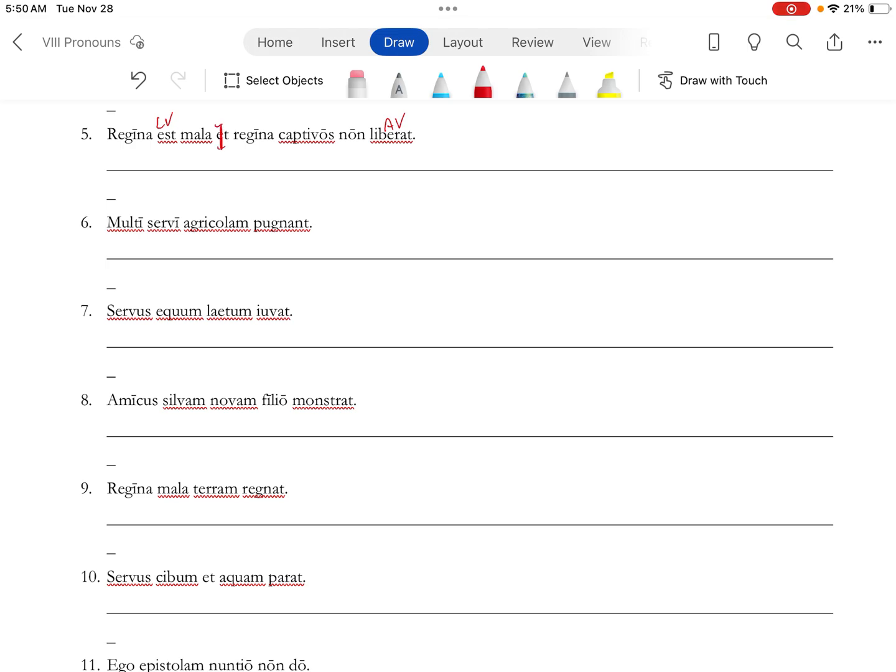So we're going to do everything before this. We're going to have the queen is bad. And the queen does not free the captives.